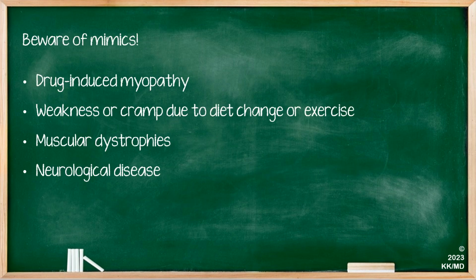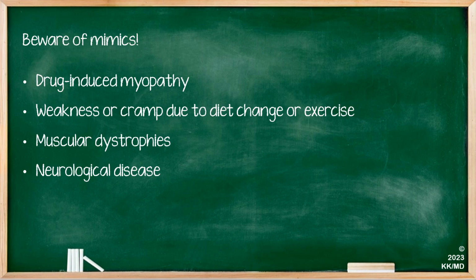As I briefly mentioned before, one of the biggest mistakes that you could make, both in your exams and also in real life, really is to mistake a diagnosis of polymyositis for its potential mimics. Polymyositis could have many different mimics.